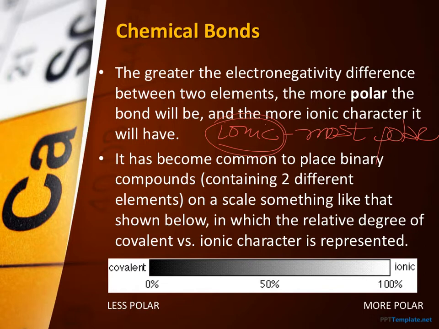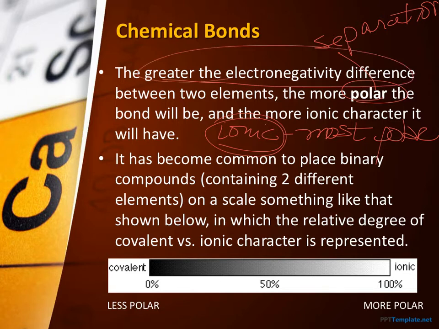That just means there's some type of separation of charge, okay, which means the electrons aren't completely evenly distributed. So the more polar a bond is, the more it progresses toward an ionic bond. And what makes that separation of charge or polarity? The greater the electronegativity difference between two elements is.